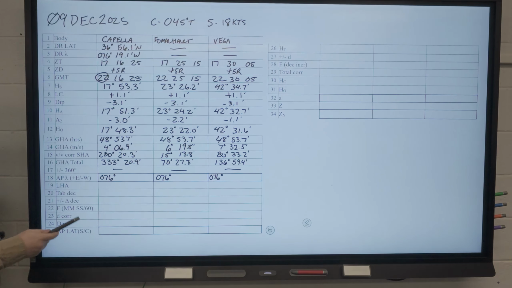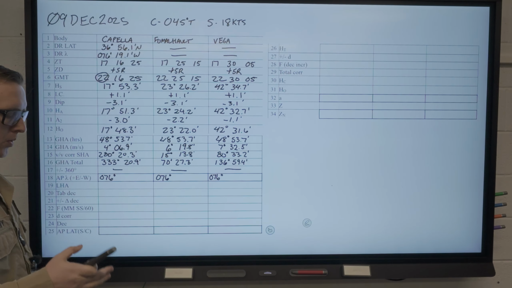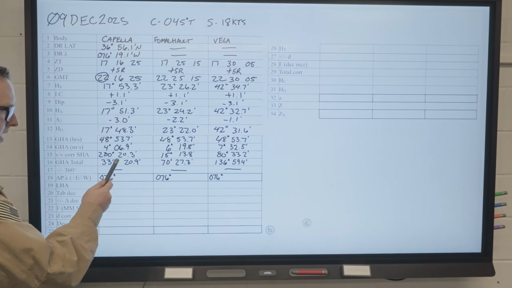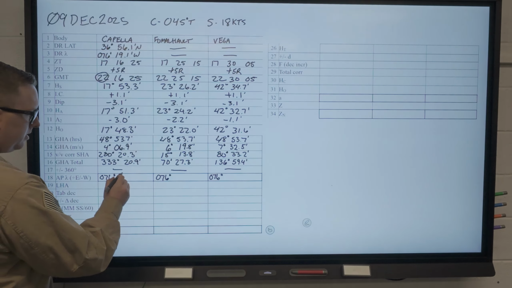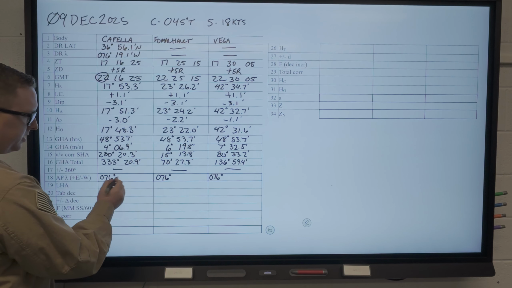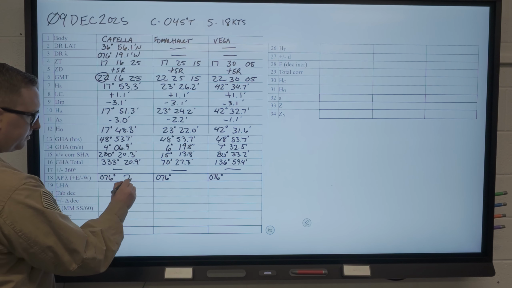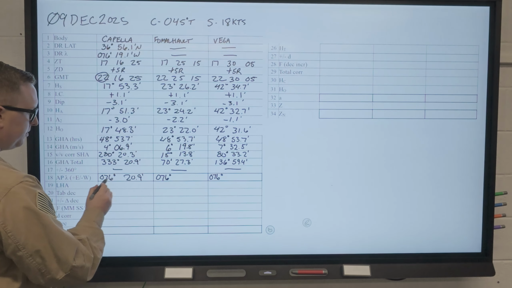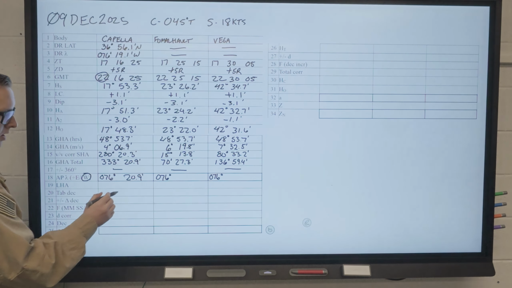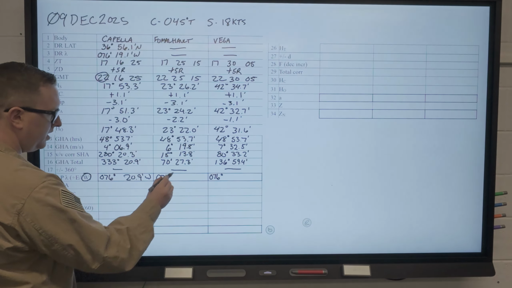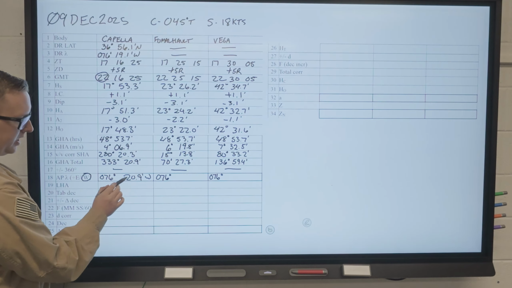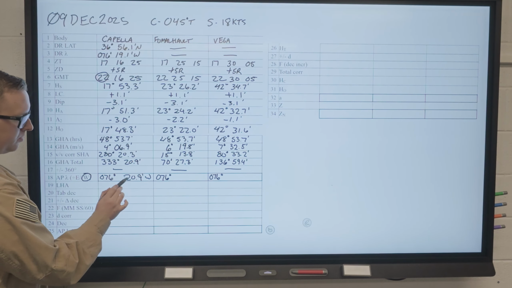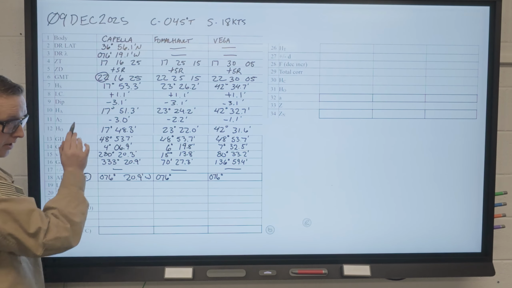For LHA, we want to get a whole degree of LHA. To get that, your minutes have to cancel out. So to cancel out these minutes, you just subtract those minutes. And it's subtracting because we are in the Western Hemisphere. Make sure you label it. All right, so 20.9 comes down here, making our assumed longitude 076 degrees, 20.9 west for Capella.